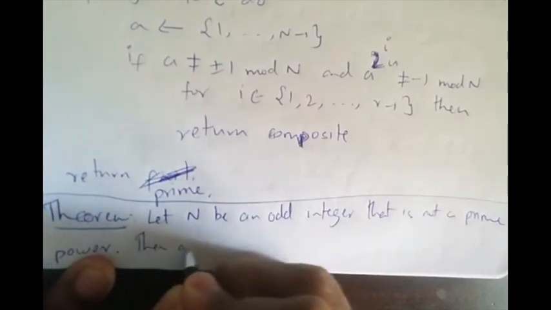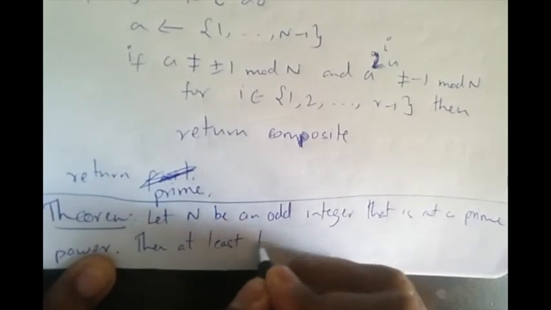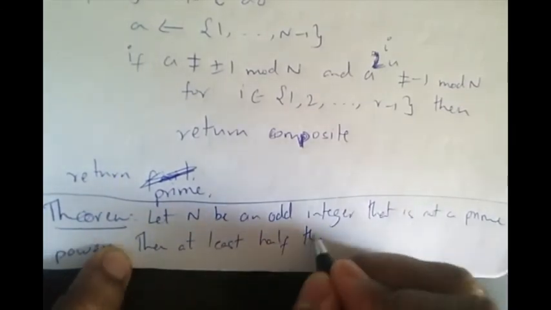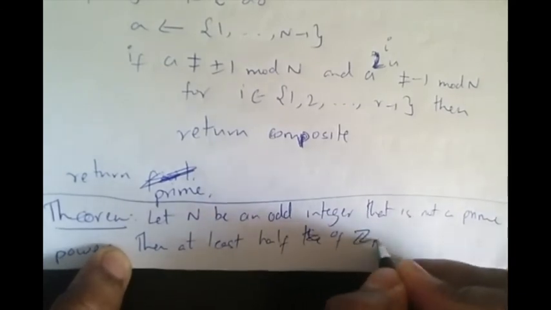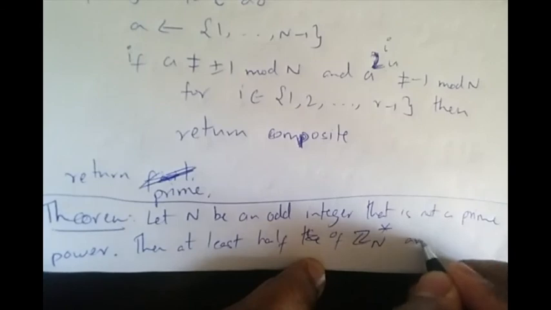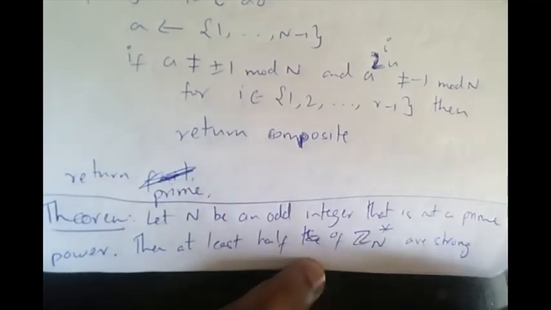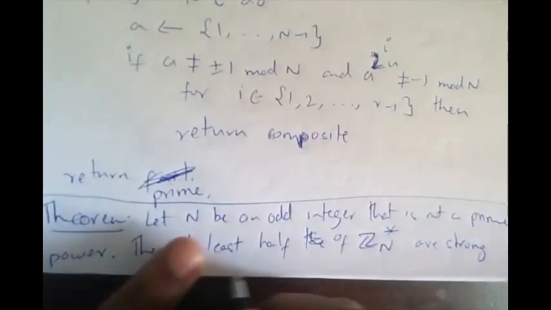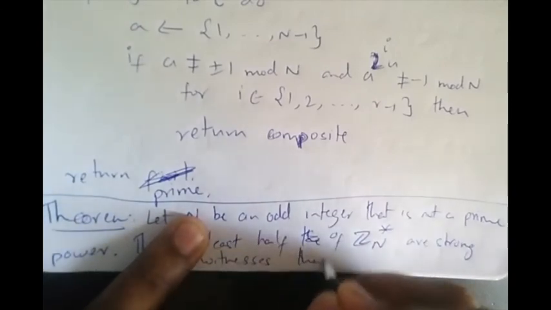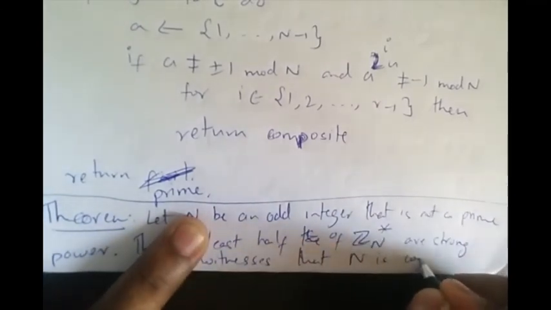Then at least half of Zn star are strong witnesses that n is composite.